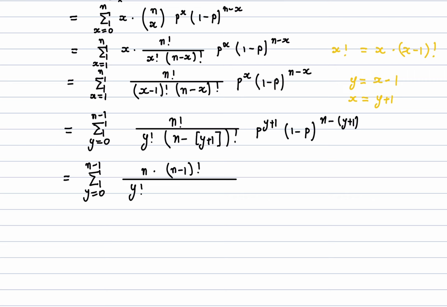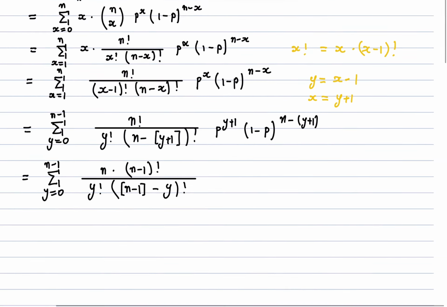Now, if you have a look here, you've got n minus y and then the plus 1. I'm going to rewrite that as n minus 1 minus y factorial. That's a nice expression there. Times, again, p to the y plus 1.